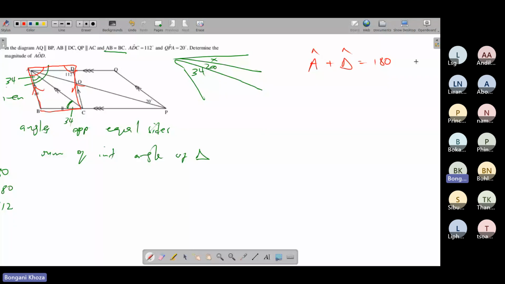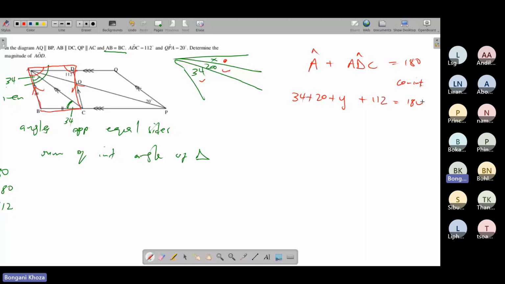So angle A, because we are using the whole of angle A, plus angle ADC, equals 180. The reason is that those are co-interior angles. For angle A, we have to take this 34, this 20, and this unknown. So we have 34 plus 20 plus, we can call this X or Y, it's fine, plus this ADC, which is 112, equals 180.